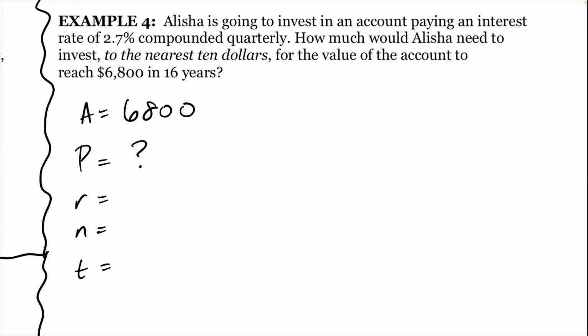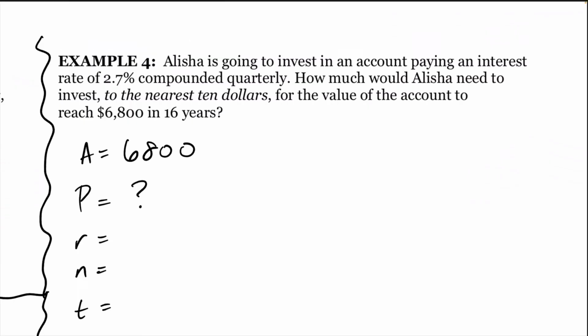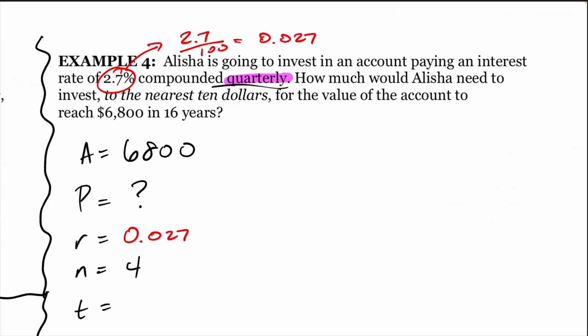They're giving her a rate of 2.7%. And we said quarterly, right? Quarterly means 4 times. And then she's going to invest for 16 years.